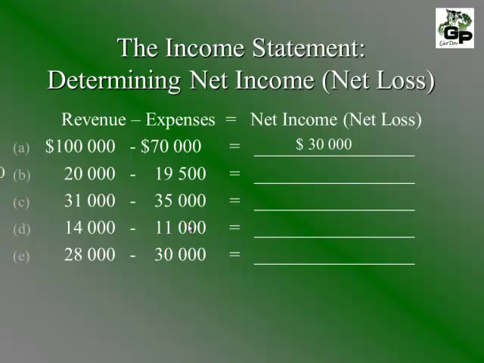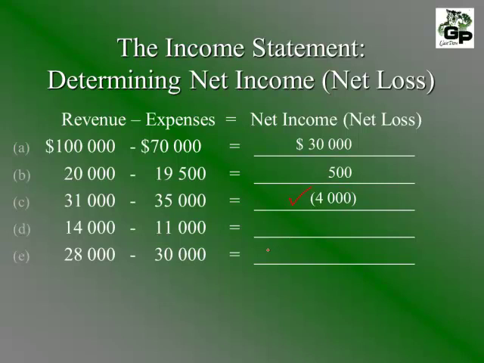The net income, $500. The next example, we have revenue of $31,000, and this time we have expenses that are greater, $35,000. So, do we have a net income or a net loss? Because the expenses are greater, we have a net loss. Please notice, when we have a net loss, we surround the number with parentheses.